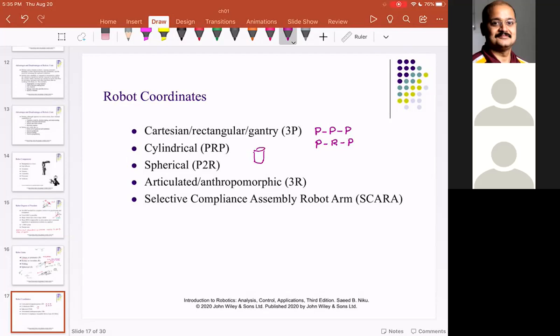Depending upon your requirements and what you want to do, the workspace is important based on the application, and that dictates what type of robot is to be used.